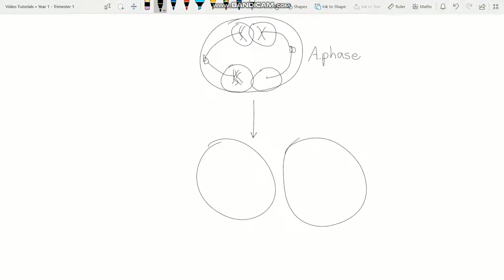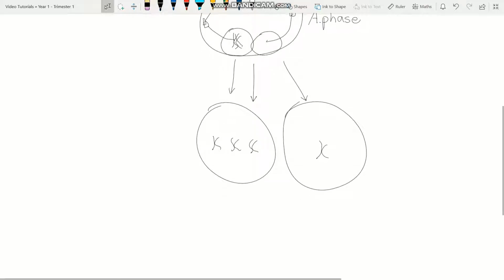Because two homologous chromosomes went to one side, one of these cells will have three chromosomes, and one will just have one, because we have this chromosome at the top in addition to these two chromosomes at the bottom going into this cell, and just this chromosome going into this cell because there's no other chromosome present.